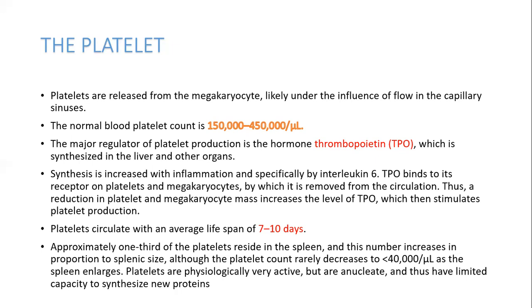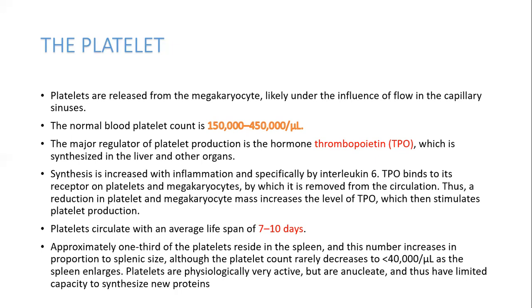Then we also learned about sequestration and hypersplenism. To say hypersplenism, there should be an enlarged spleen with reduction of more than 2 cell lines. And it should become normal with splenectomy, right? That is hypersplenism.